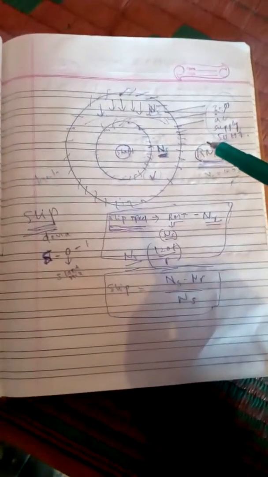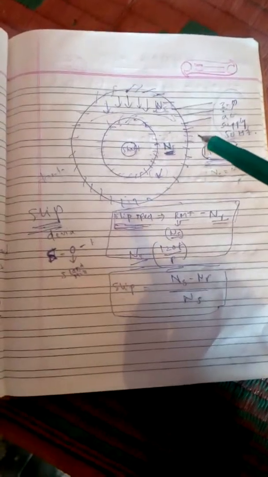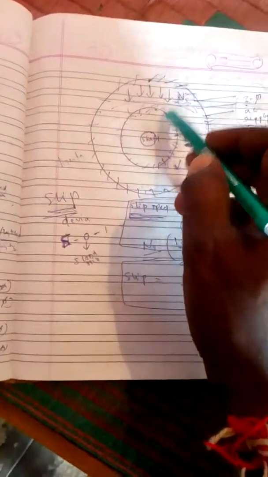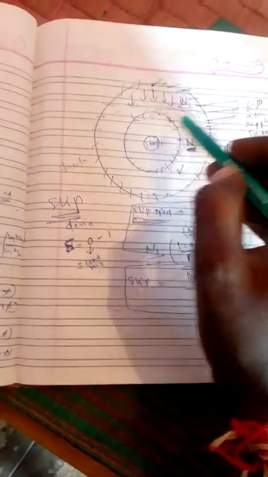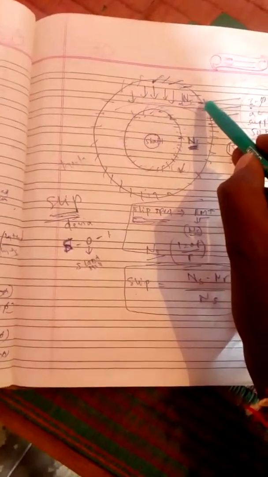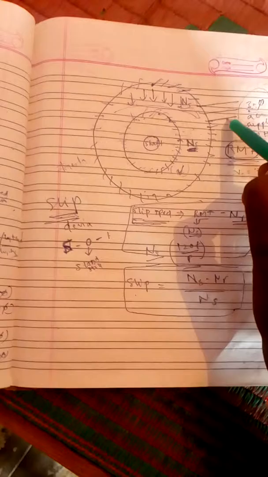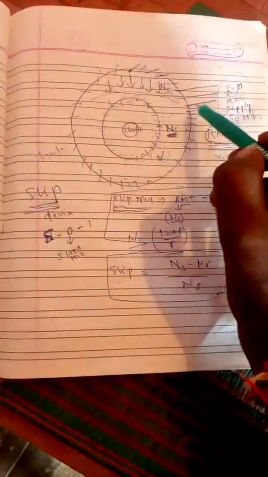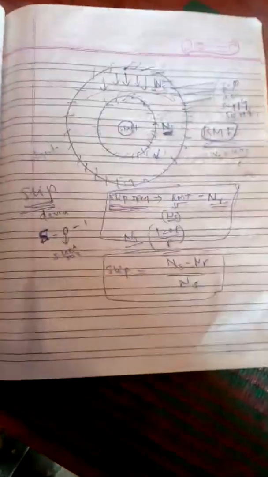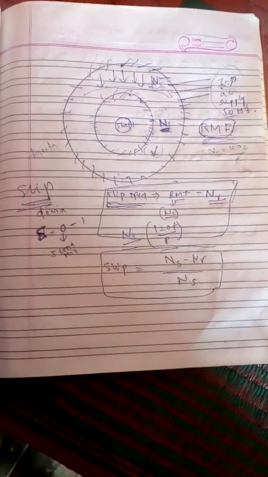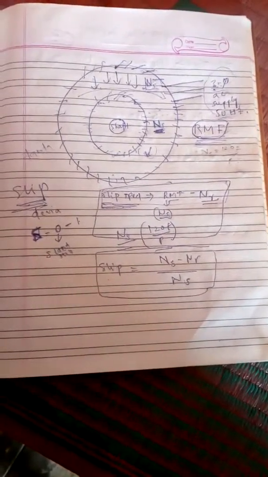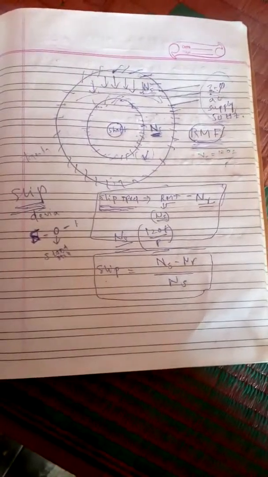And how is this RMF obtained in the induction motor? In the induction motor here we have a stator and stator winding, a rotor, and a shaft. Whenever a three-phase AC 50 Hz supply is given to the induction motor, a flux will be created in the stator winding, and that flux is rotating in nature, because the three-phase supply has a phase displacement and phase difference in the supply itself.